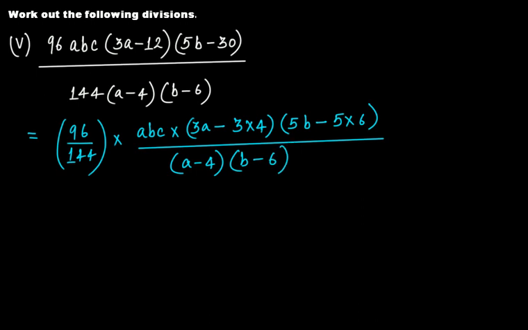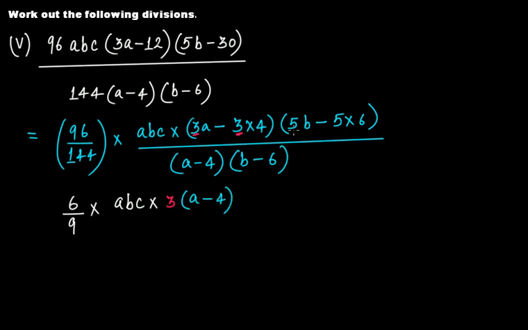From here, divide the 96 and 144, the numerator and the denominator, by 16. So 96 divided by 16 will give you 6, and 144 divided by 16 will give you 9. So this is 6 by 9 multiplied by ABC, that is a multiplied by b multiplied by c, and then multiplied by, this 3 is common, so take this 3 out, and then you have a minus 4.